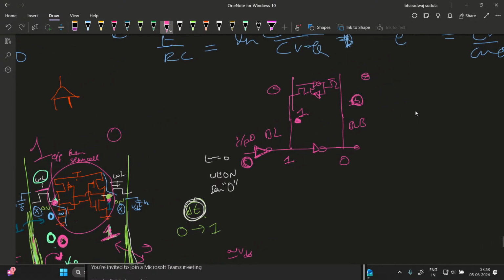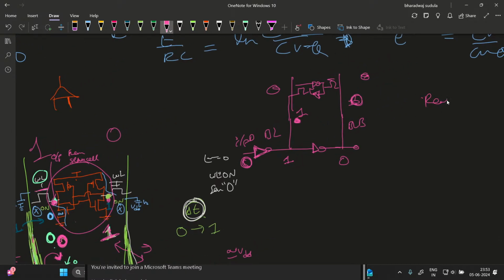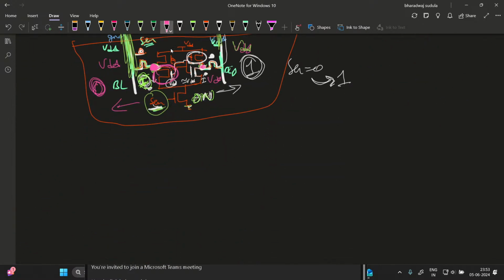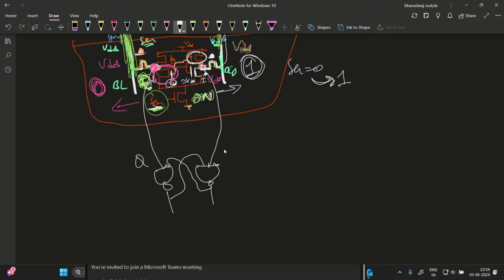Not exactly opposite. What I mean to say is, while reading, you read the output from the SenseAmp. How we read is, you pull out these internal nodes and give them to a latch. Let's say this is Q and this is Q bar, the SenseAmp Q and SenseAmp Q bar.